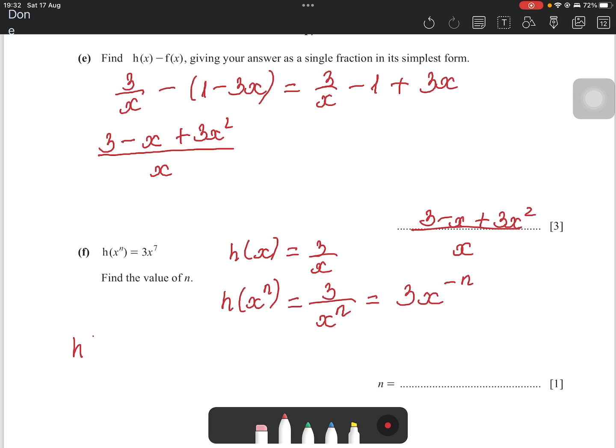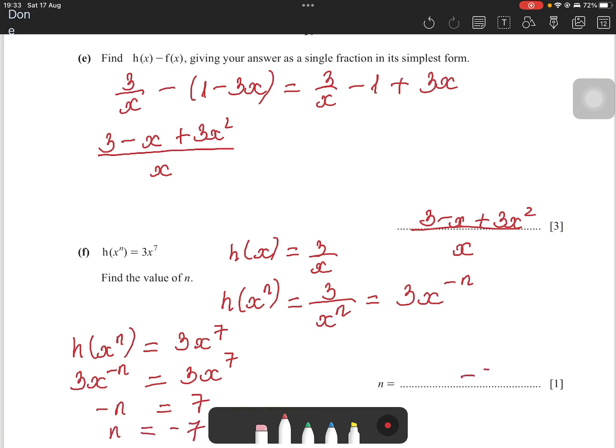So if h of x to the power of n is equal to 3x to the power of 7, then this means 3x to the power of negative n is equal to 3x to the power of 7. We cancel 3 and 3, x and x. So this means negative n is equal to 7. Then n will be negative 7. So negative 7 is the final answer.